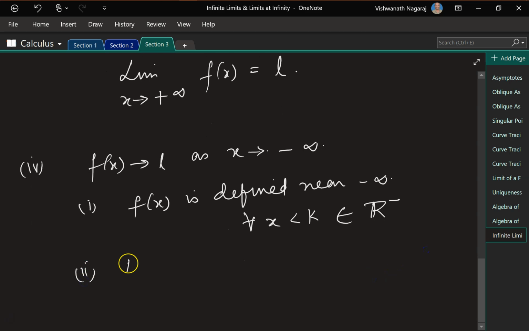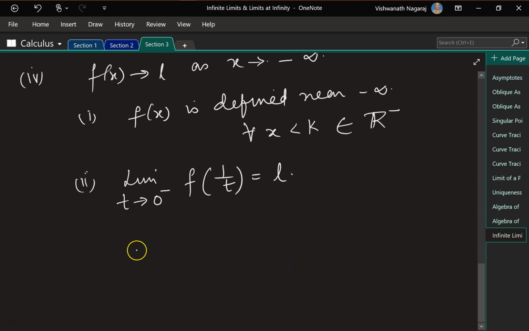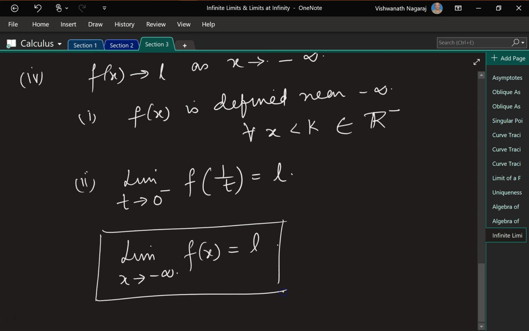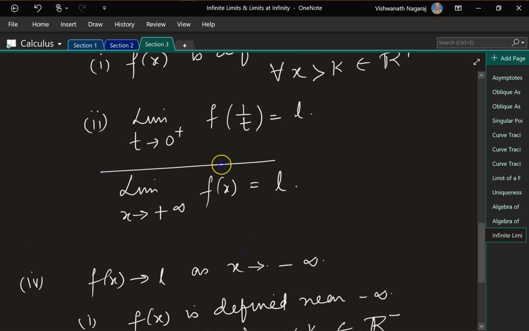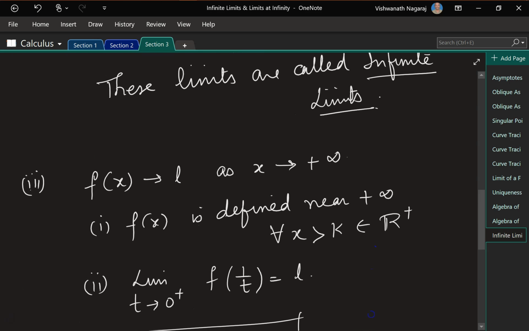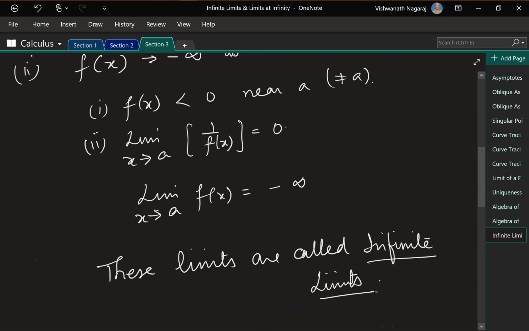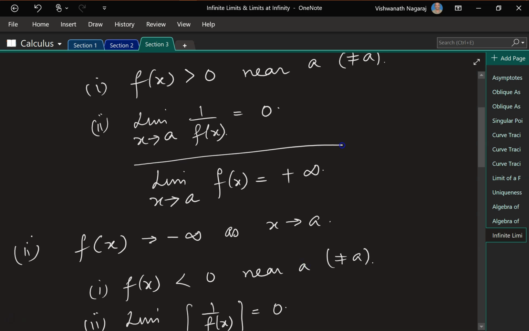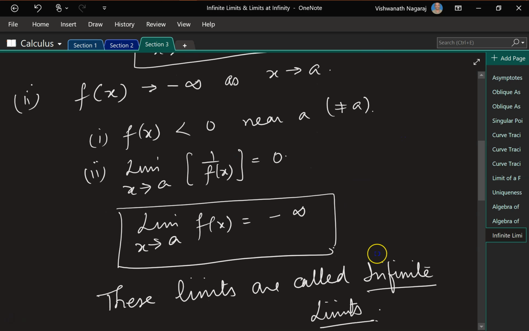And the second is that the limit as t approaches 0 from the negative side, from the left hand side, of f of 1 by t is equal to L. So we write this as limit as x approaches minus infinity of f of x is equal to L. So this is the limit at negative infinity. This is the limit at positive infinity.